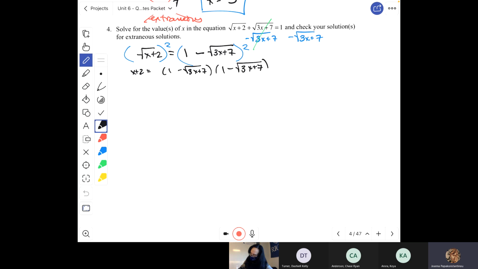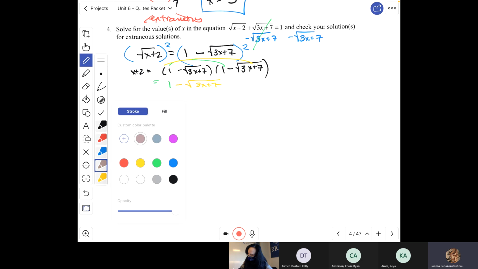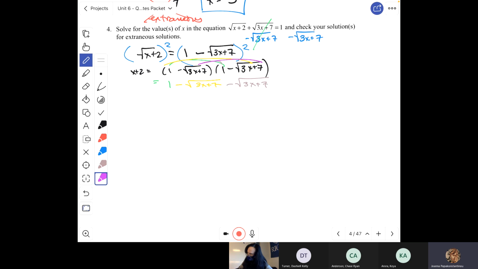If I multiply my first terms together, I get 1. If I multiply my outer terms together, minus the square root of 3x plus 7, yes? If I multiply my inner terms together, minus the square root of 3x plus 7. If I multiply my last terms together, what do I get? Plus 3x plus 7.